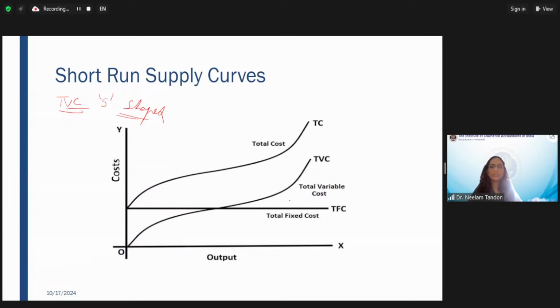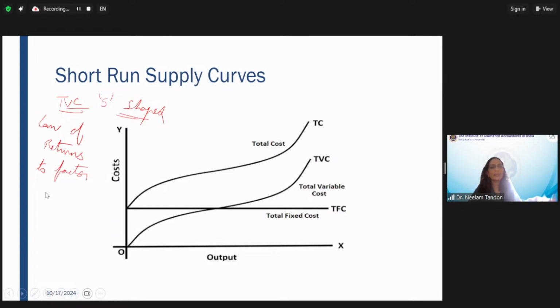But this shape of the curve is because of the law of returns to factor. We have shared this in the production function.